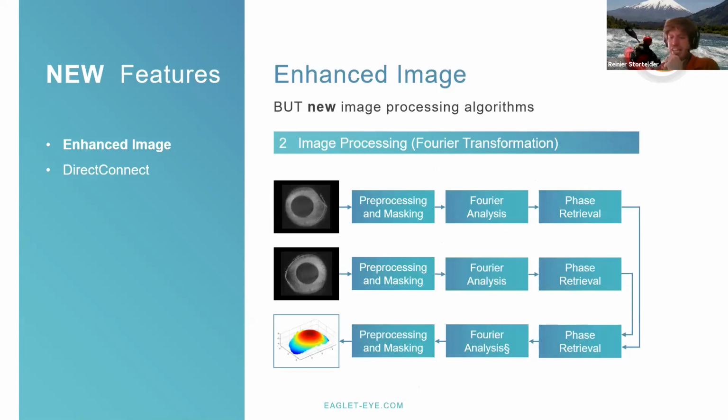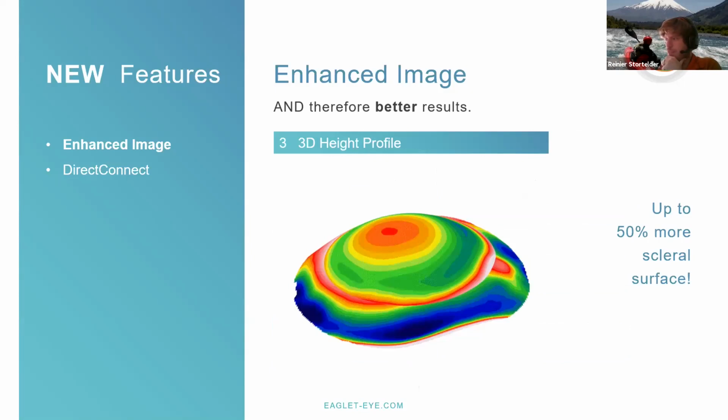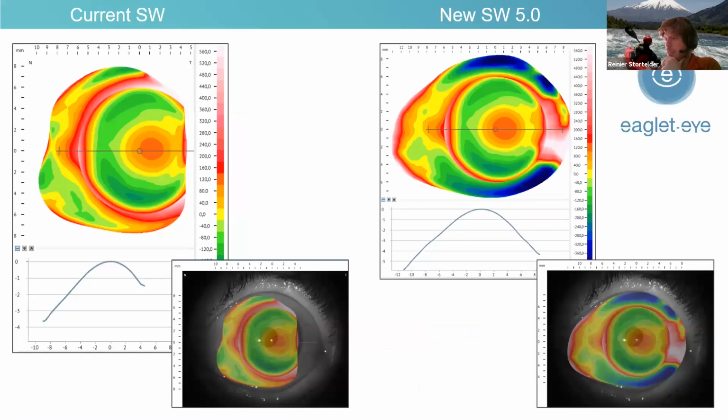These are all the steps taken. I'm not going into that. But it is important that the Fourier is looking for sine waves, and if you think about a sine wave, it has a smooth shape.